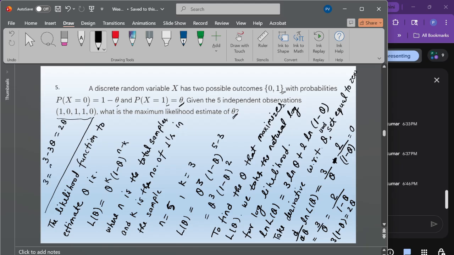So 3 is equal to 5 theta, and here theta will be 3 by 5. Now if you calculate it, you will get 0.6. So the value of the maximum likelihood estimate of theta will be 0.6.